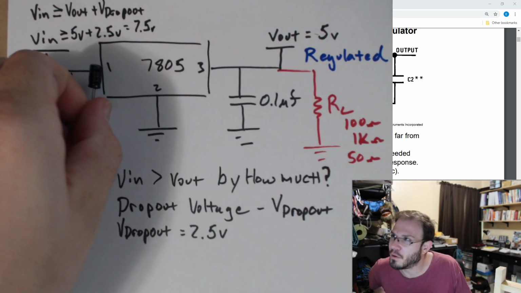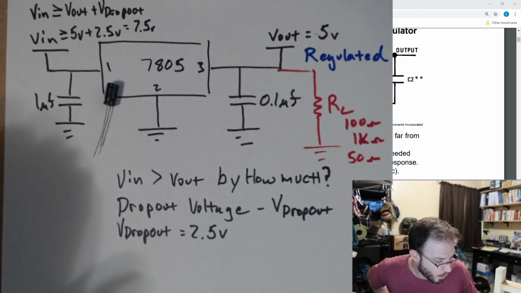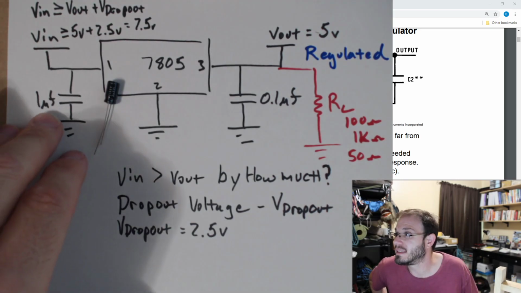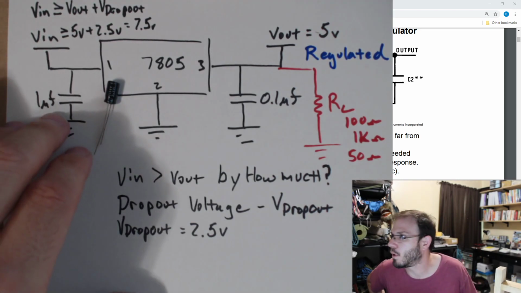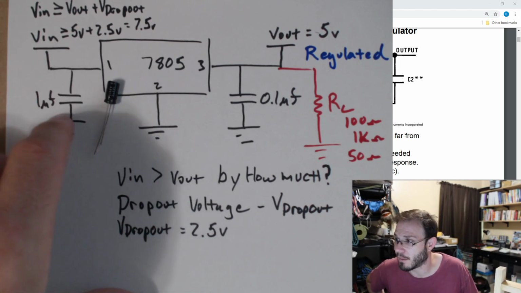So the tolerance on these guys is pretty murky in the first place. So 1 microfarad might actually be 0.7 microfarad. It might be 1.4. We just need some capacitance over here.